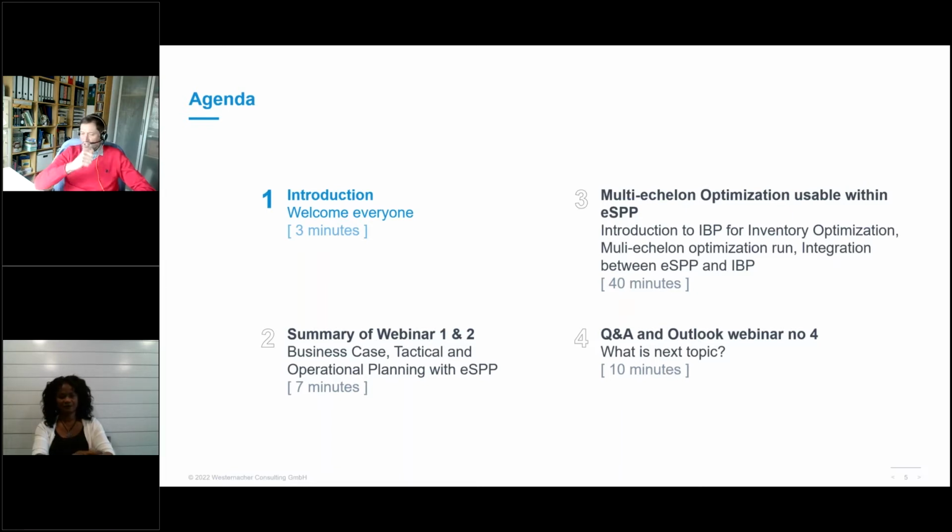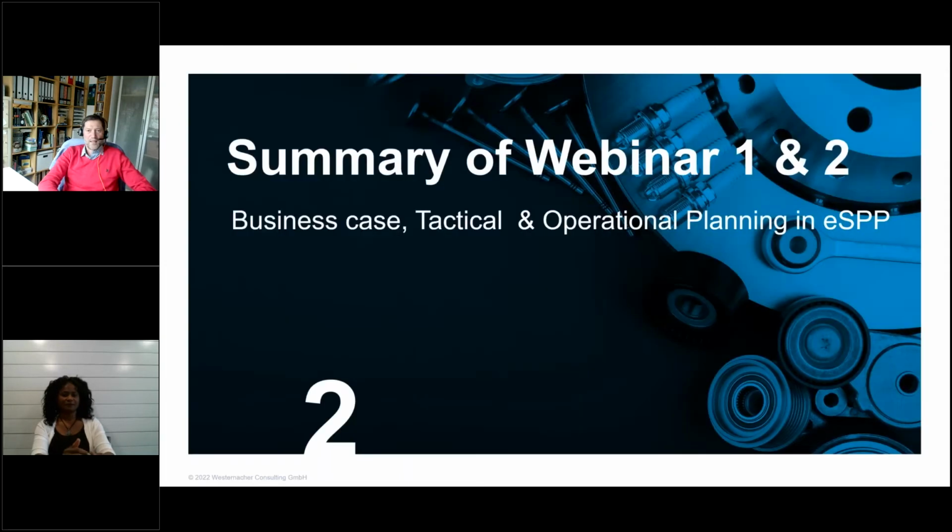In case we are running out of time, we will capture all the questions and come back to you via email. And I'm going to give a little outlook to the next webinar at the end of this one. And now I'm really happy to hand over to Guada for the summary of the last 2 webinars.